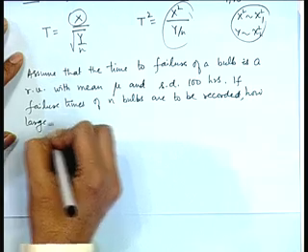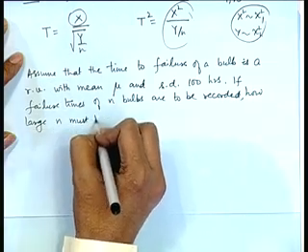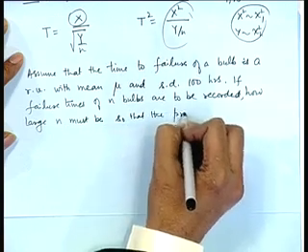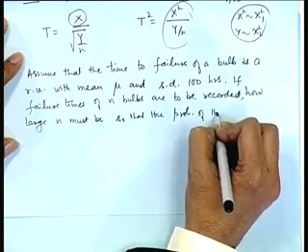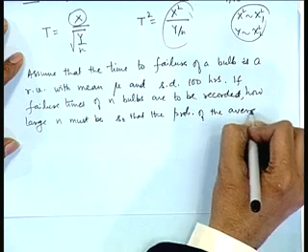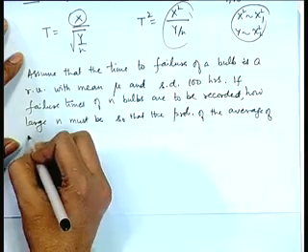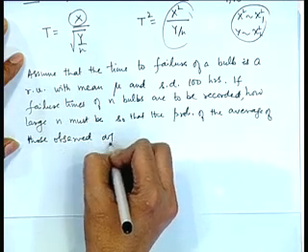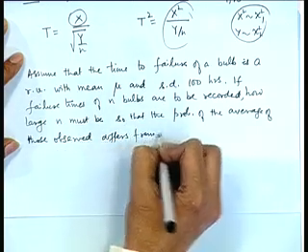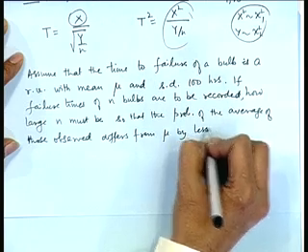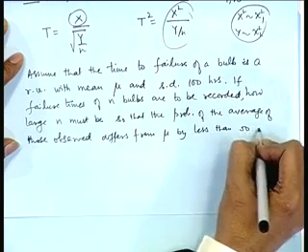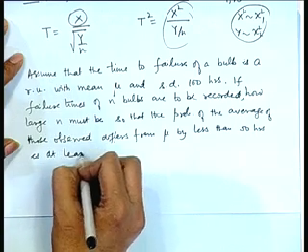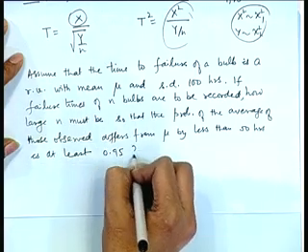how large n must be so that the probability of the average of those observed differs from mu by less than 50 hours is at least 0.95.